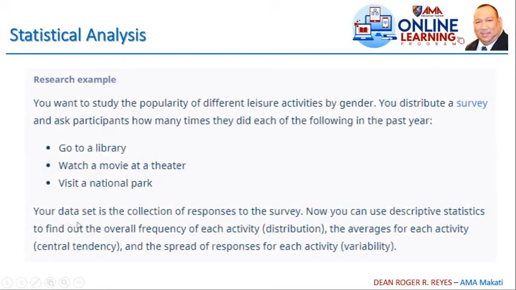So your data set is the collection of responses to the survey. Now you can use descriptive statistics to find out the overall frequency of each activity, the averages for each activity, and the spread of respondents for each activity. Those correspond to distribution, central tendencies, and measures of variability.